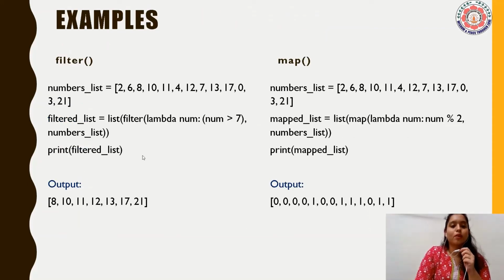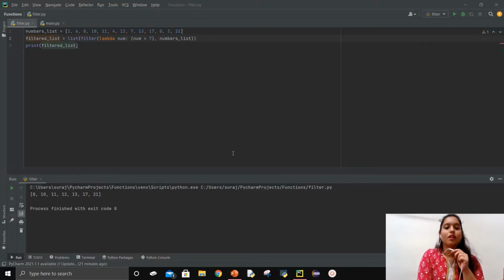Now here's an example of both the filter function and the map function. Let us look at both examples one by one in the Python software. Here's the filter function example. We have created a list called numbers with a list of integers, and then we created a lambda function to check for the integers that are greater than 7.